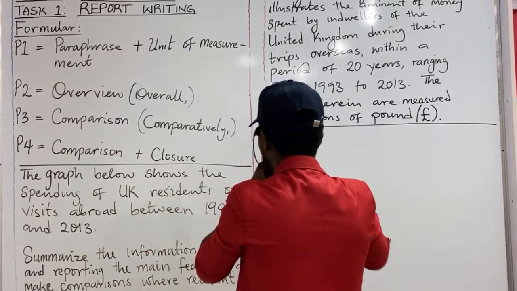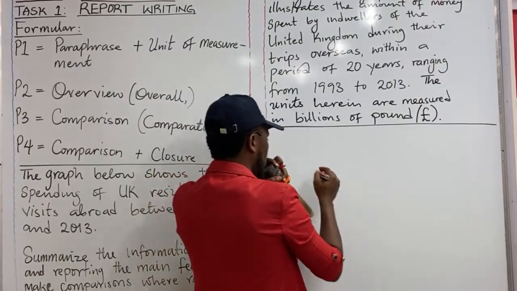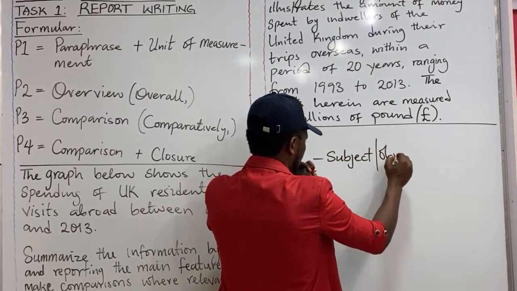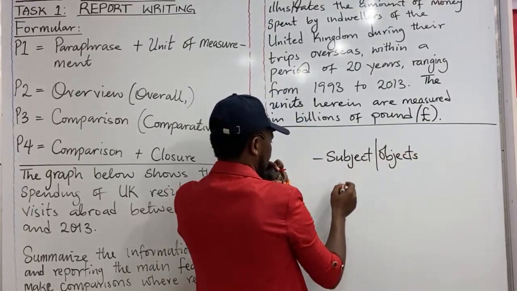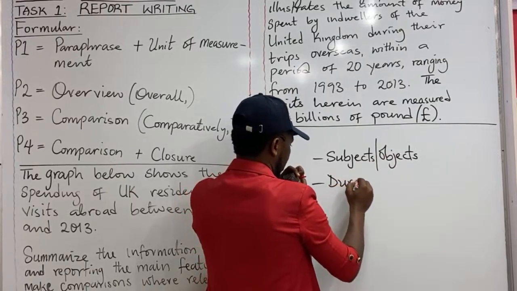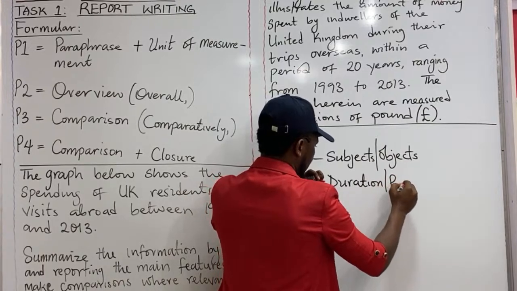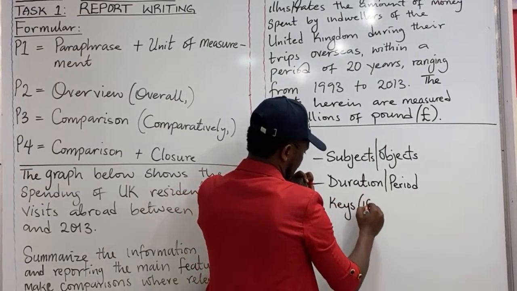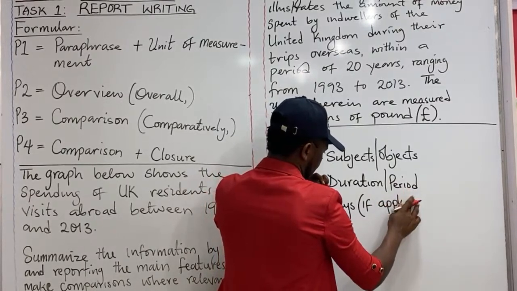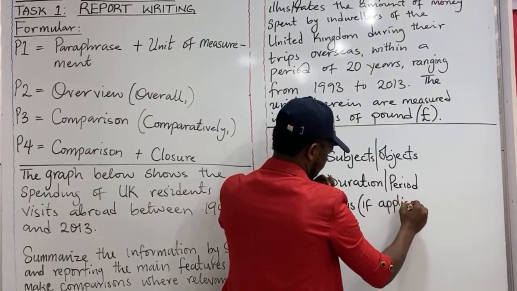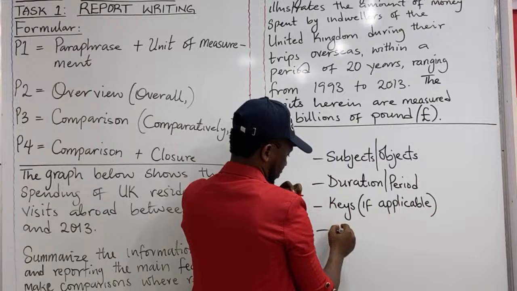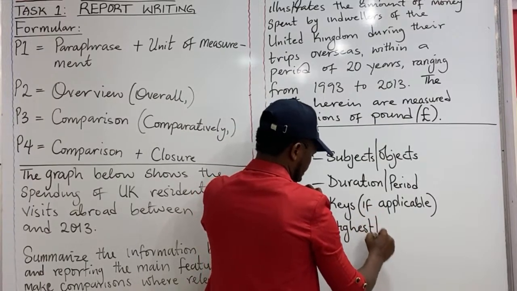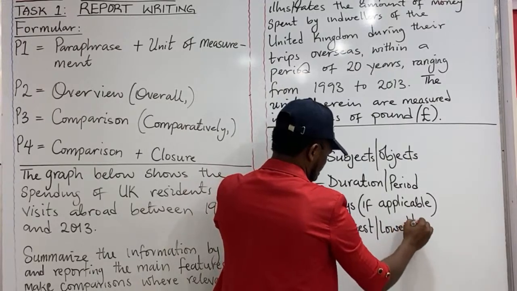The 3 or 4 major things your overview should cover would include the subject and/or objects, duration or period, keys if applicable, and lastly highest, lowest, or similarities.